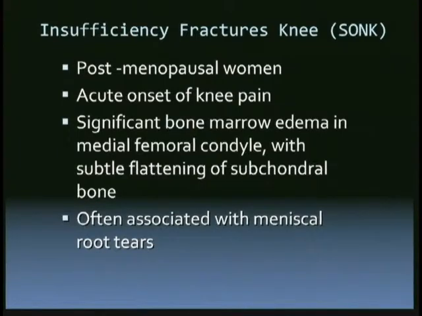In the knee, Dr. Resnick talked about SONK, which we previously called spontaneous osteonecrosis of the knee, which we now think are more likely to be insufficiency fractures, most commonly seen in postmenopausal women who develop an acute onset of knee pain without any history of trauma. And it's often associated with meniscal root tears.